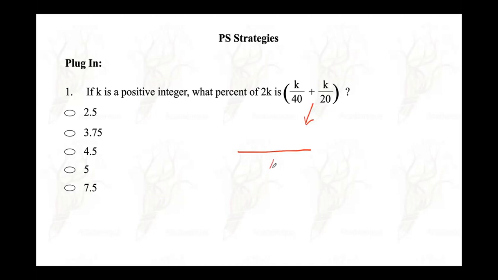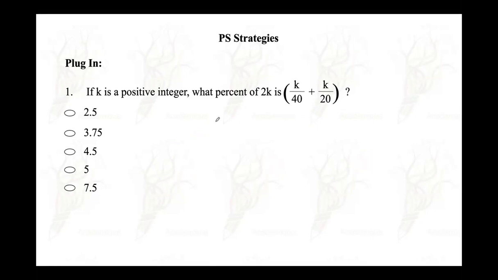So I would have made it as 40, then I would have made it as K plus 2K, then I would have made it as 3K by 40. And then finding out what percent of 2K is. So I'll have got 3K by 40 in the denominator, 2K in the numerator, and then multiplying it by 100, canceling it out and getting me the answer.